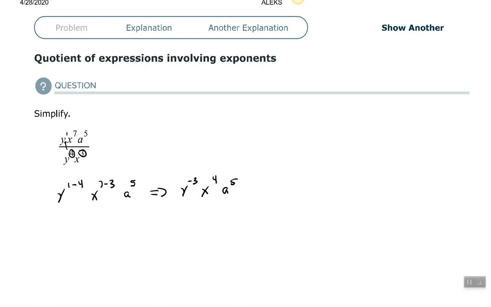All right, so the only thing that we don't want would be negative exponents. We want to make those positive. So we're going to use that rule that we just looked at that says that if we have a base with a negative exponent in the numerator, then we take that base and move it down to our denominator to change the sign of the exponent. So the x to the 4th and a to the 5th would stay in the numerator.